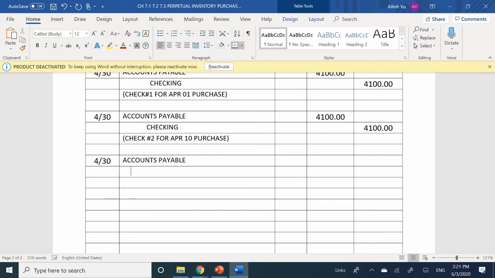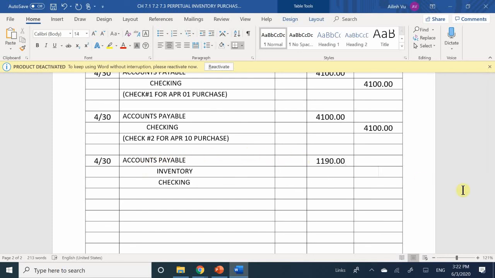Remember, if we're doing perpetual, we take everything out of inventory. So if we're discounting something, it comes directly out of inventory, and your checking should be lower. Again, our accounts payable should be valued at $11.90.